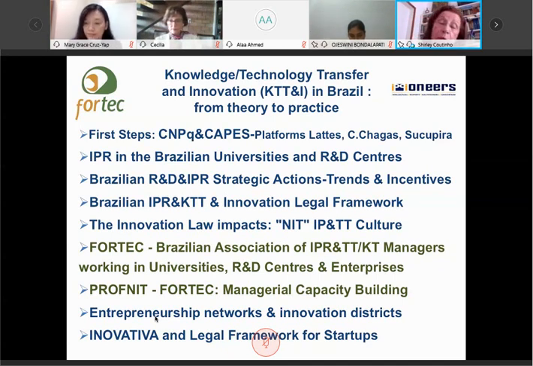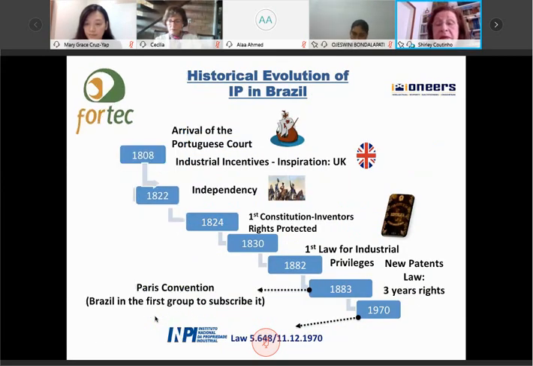My presentation will cover the development of IP in Brazil since the beginning, starting when the court from Portugal came here, with the first industrial incentives inspired by the UK, then the first constitution granting some rights to inventors, then the industrial law. It's very interesting: Brazil was one of the first to sign the Paris Convention, but it took 70 years to create INPI, our institute to protect industrial property.